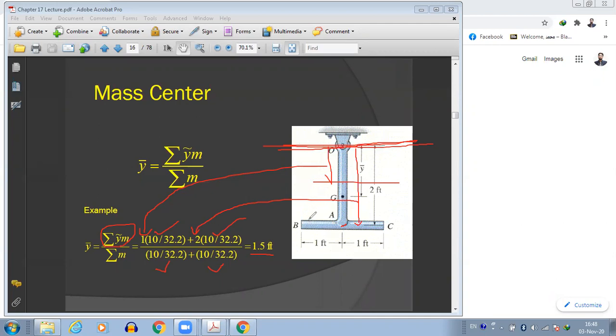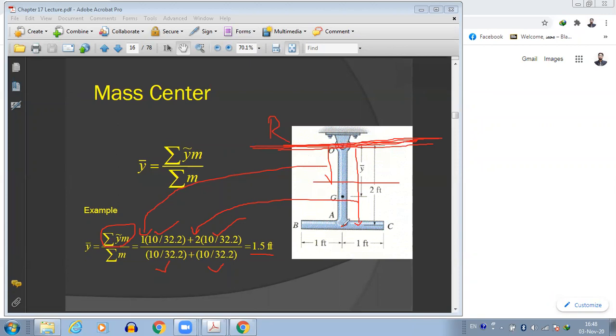Doctor, it's not clear, the one and two. Why do we calculate BC as two and OA as one? Okay, look, we always need to take a reference point. Suppose we take this as the reference point. We need to find the distance of the mass center for each simple body from the reference point.